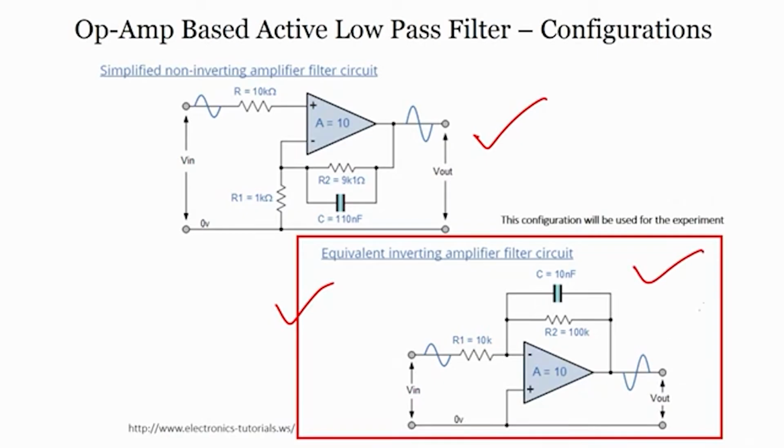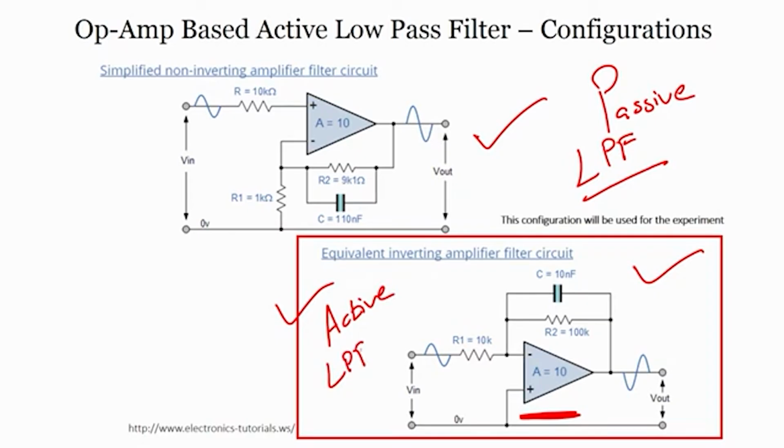But before we use this circuit, which has an active component, the operational amplifier, we have to first understand how the passive RC filter, or passive low pass filter, will work. Then we will see the active low pass filter, which is this one.